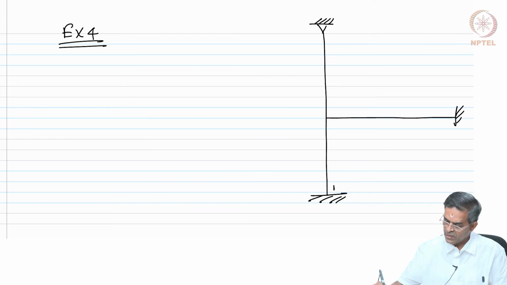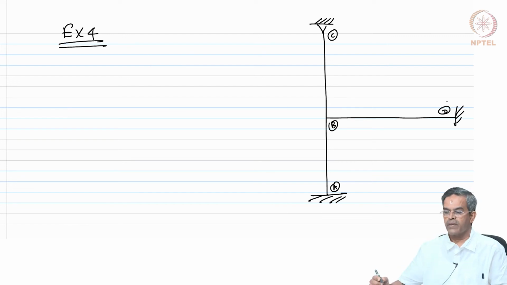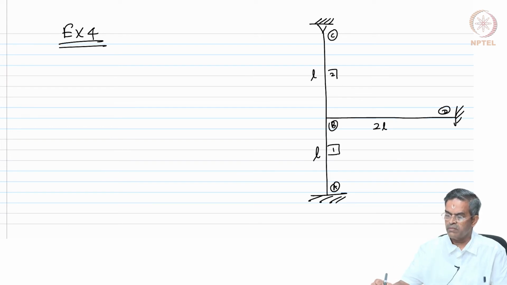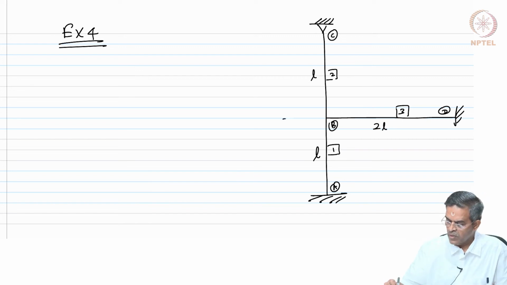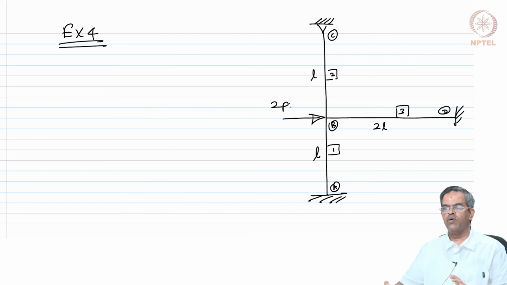Let us call this A, B, C and D. This is of length L, this is L and this is L, and this is member 1, this is member 2 and this is member 3. This is subjected to a horizontal load of 2P here of the whole problem.